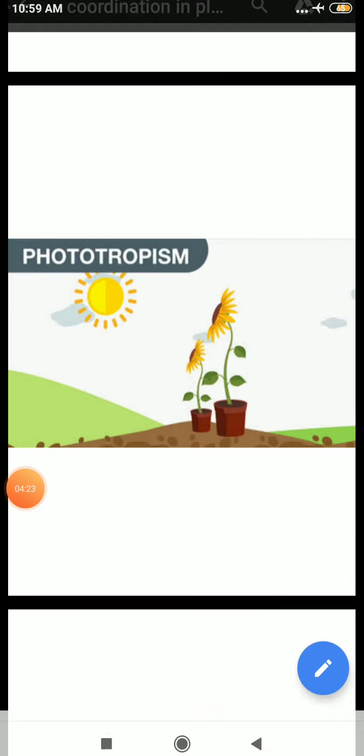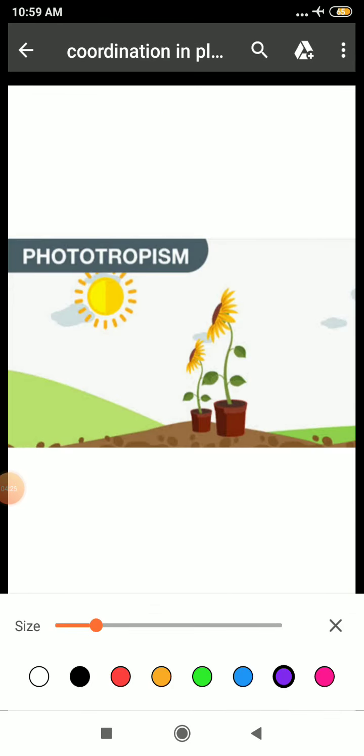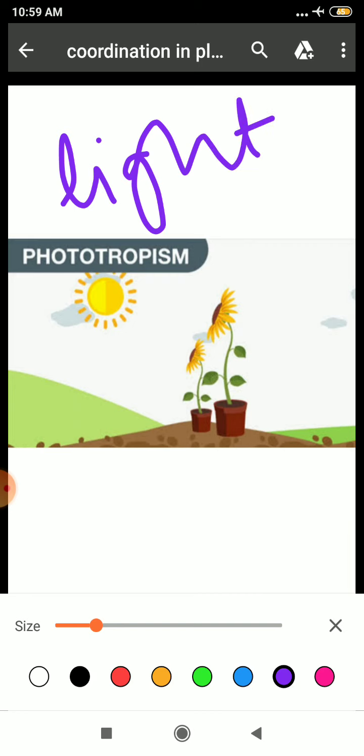So students, first is phototropism. Clear? It is the movement of the body parts of the plant in relation to the direction of the stimulus, and in this case the stimulus is light. As we can see, the stem or flowers move towards the source of light.